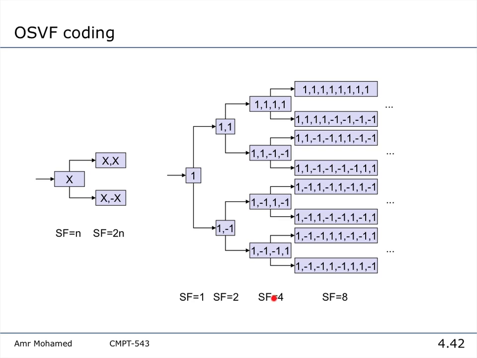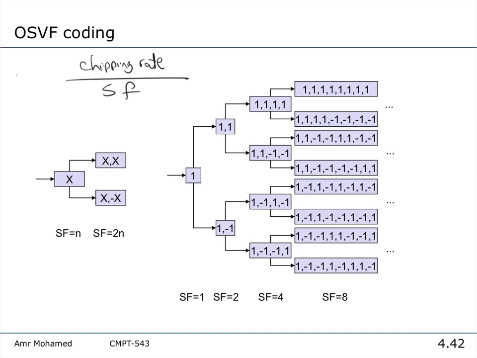Okay? If you use spreading factor 4, this means that each bit will be spread into 4 bits, and so on. 8, and then 16, and so on. Which technically means, since the chipping rate is fixed at 3.84, if I want to know the data rate, then all I need to do is divide the chipping rate by the spreading factor.